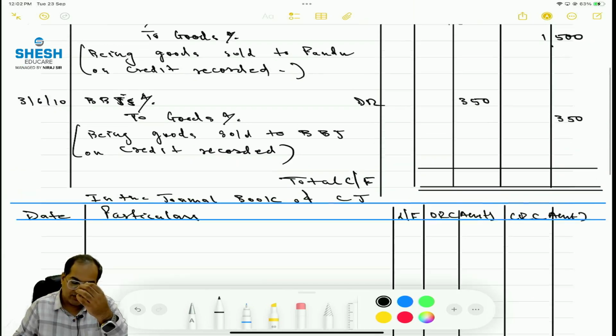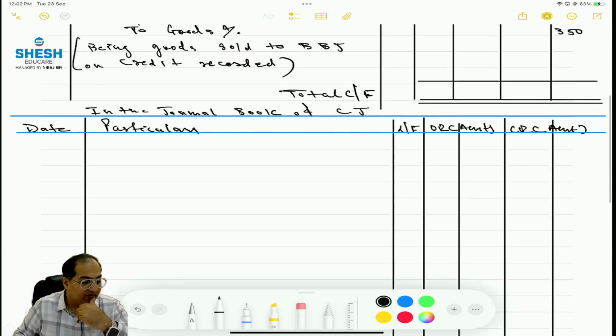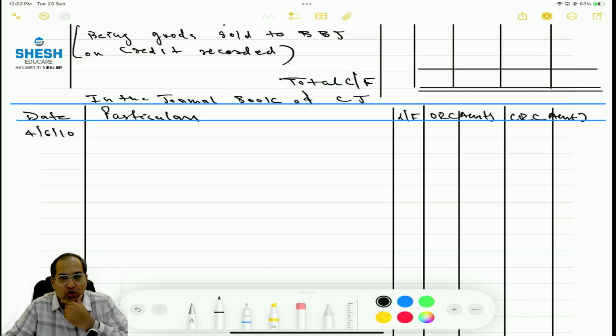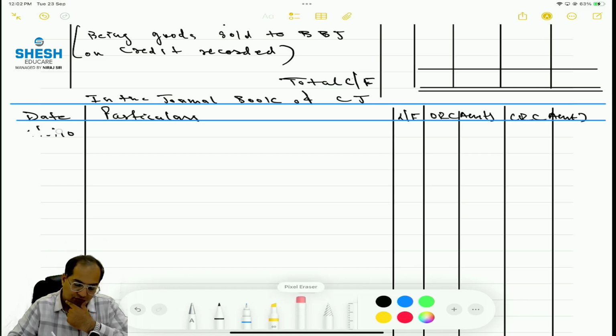What was the last transaction? 3rd June. You sold goods to Bairamji. 4th June. Will that do? No. Before you go to 4th June, on the first line, you'll have to compulsorily write total brought forward.